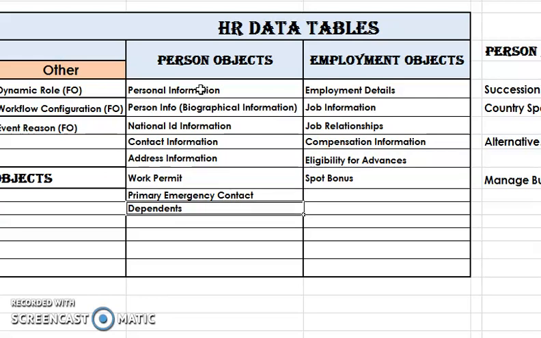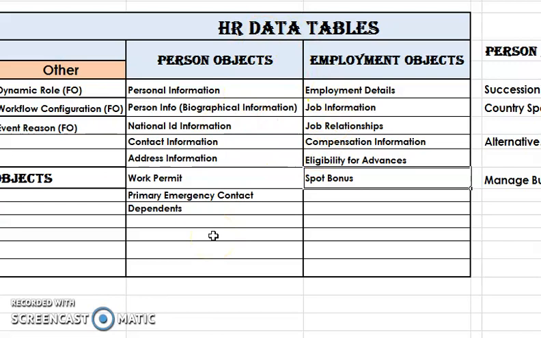So these are the 8 objects as part of the person objects in the HR data. And coming to employment objects, we have employment details, job information, job relationships, compensation information, and eligibility for advance and spot bonus. So these are the 6 objects which are part of employment objects under the HR data. These are the objects which we must be familiar with before configuring these HR data objects.